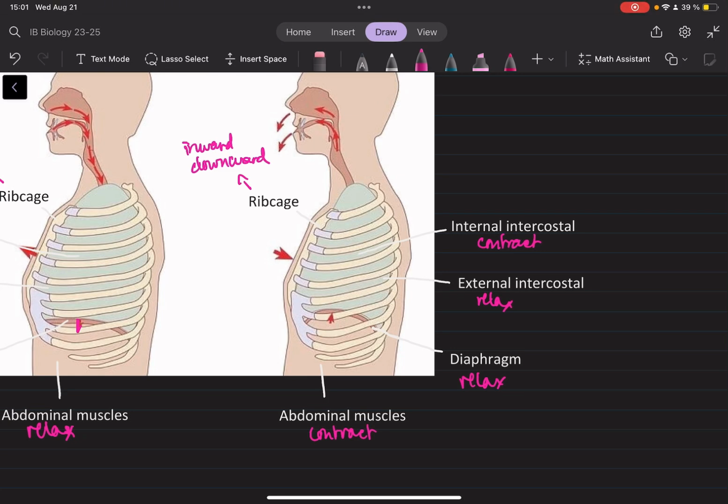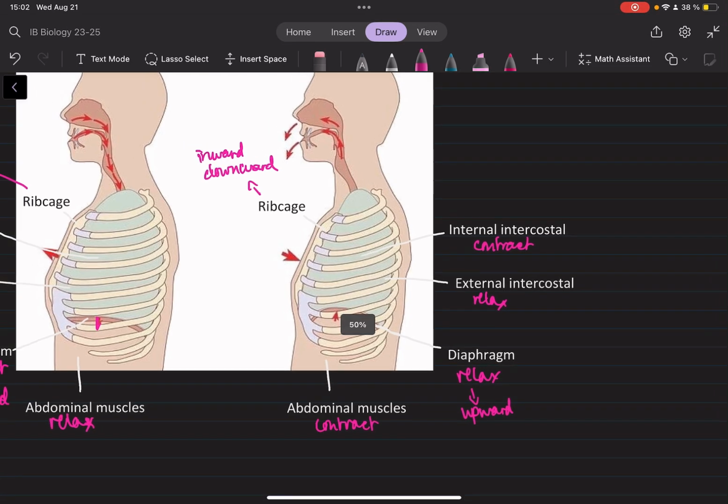So all of these muscles working together, when your diaphragm relaxes, it moves again upward. And your internal intercostal muscles contracting make it so that your thorax is compressed.